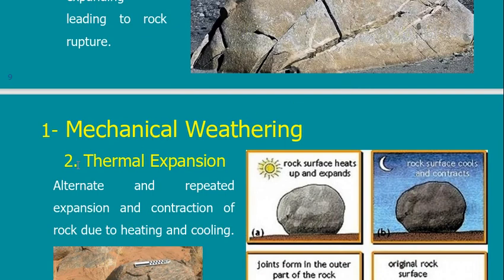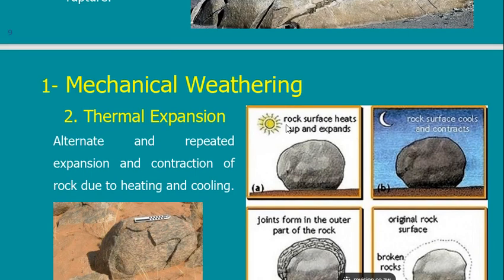The second type is called thermal expansion. Thermal expansion, from the name, is due to cooling and heating. In the morning, I have the sun, it is hot. At night, I have no sun, so it is cold. So every day, I have the upper part subjected to cooling and heating.